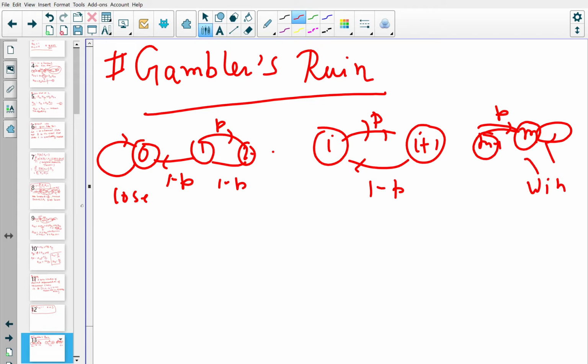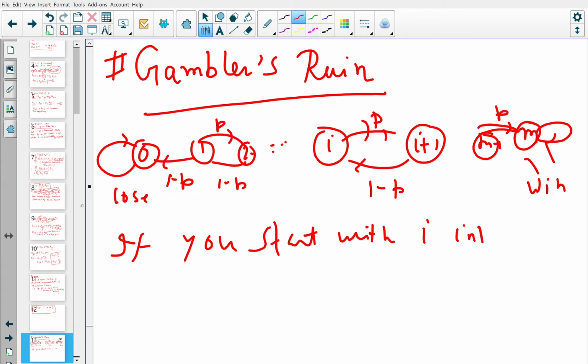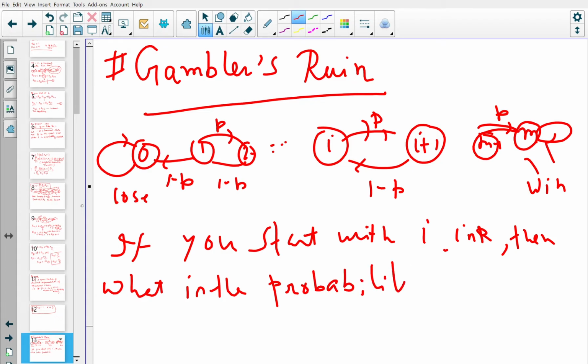The question is: if you start with i rupees, INR, then what is the probability that eventually you will lose or win?